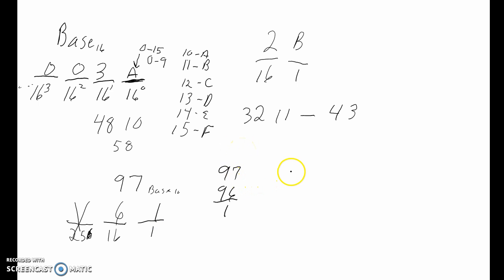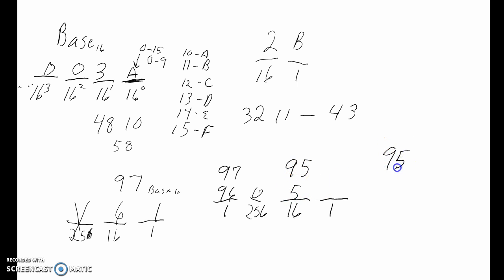Okay, so let's try a different number, because that didn't work out the way I wanted it to. Let's try 95. Again we set this up: 1, 16, 256, which we don't have to worry about. 16 goes into 95 5 times.